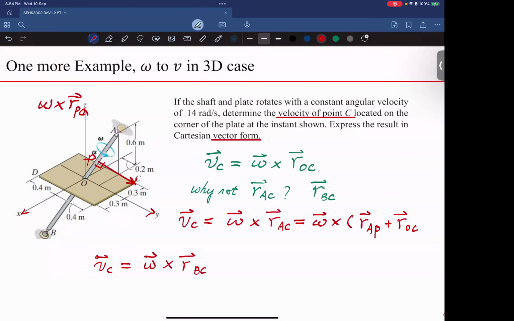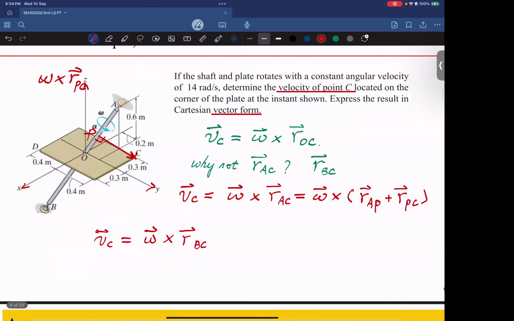RAP plus RPC. And for this one, we can also write omega cross RBP plus RPC, okay? BP plus PC equals BC, right? And AP plus PC equals AC, right? This is the vector addition.